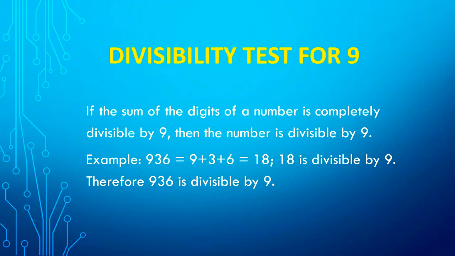The same way we are going to do the divisibility test for 9. Both tests are the same, but here you are going to use the table of 9. For example, 936: when you add the digits 9 plus 3 plus 6, the answer you get is 18. 18 is divisible by 9, therefore 936 is divisible by 9.